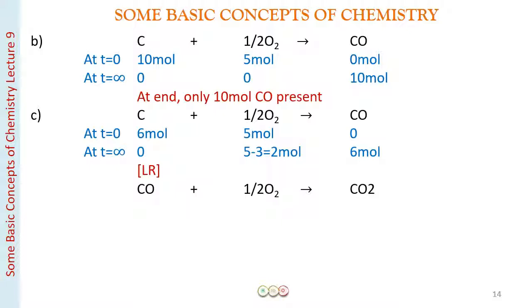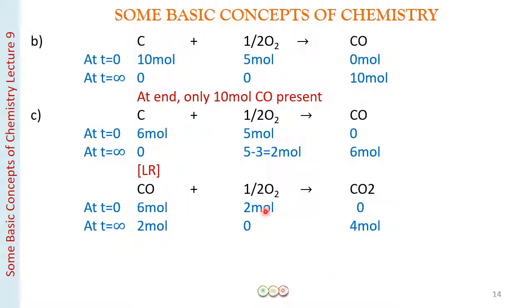And now, because we have 2 moles of oxygen, they are going to combine with the 6 moles of carbon monoxide. And what would the carbon dioxide formed be? So, after the completion of the reaction, the limiting reagent in this case would be oxygen, right?